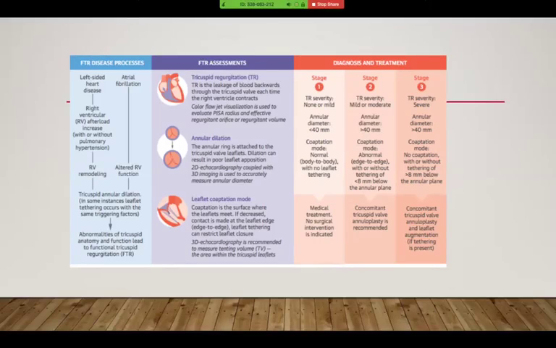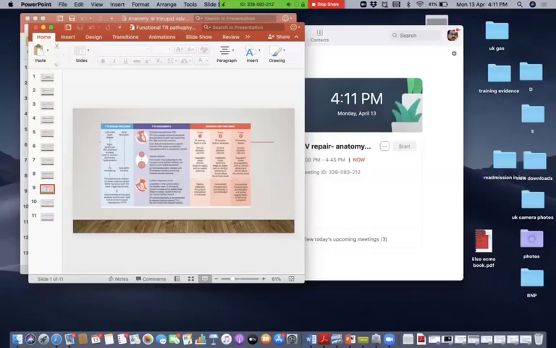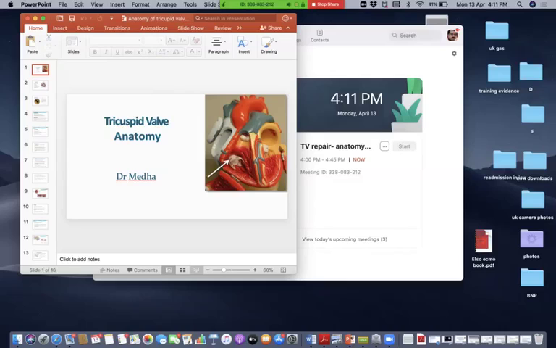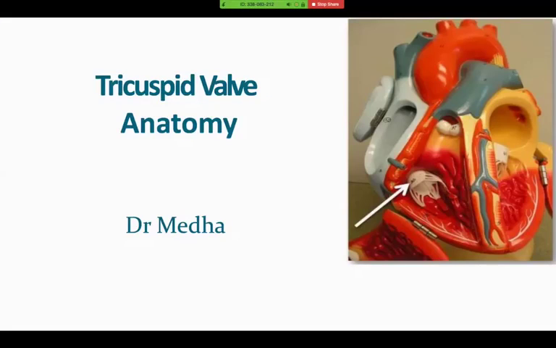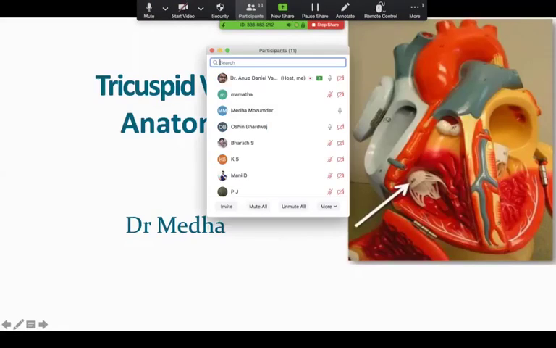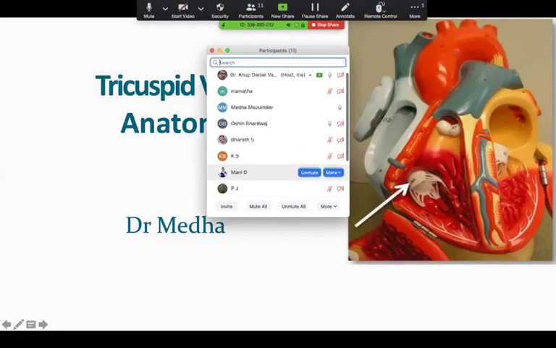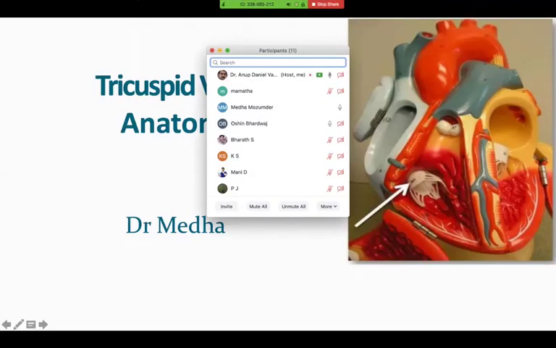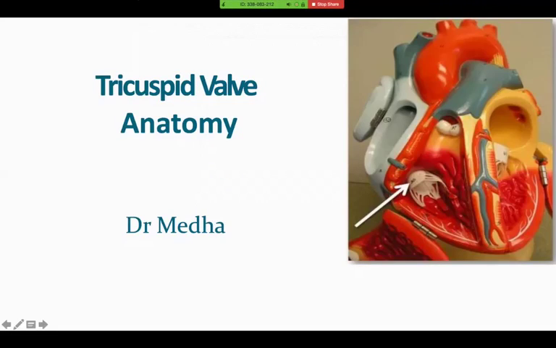Right. So before we go on to the next stage, now we'll ask Medha to take us through the anatomy of the tricuspid valve. Medha, are you on? Hello, Medha, can you hear us?